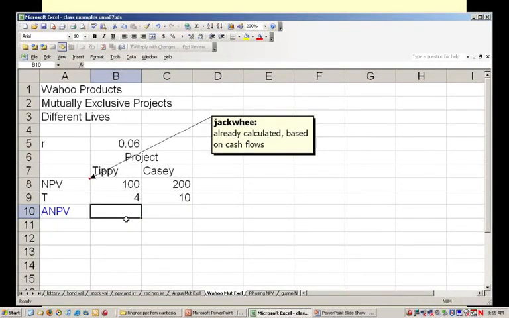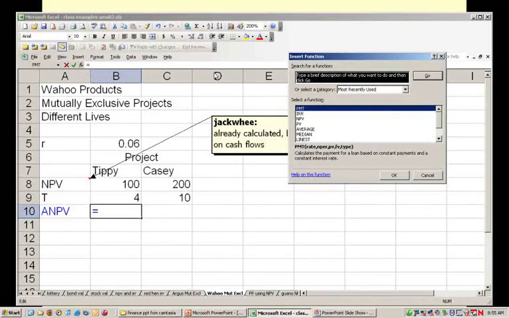To calculate an ANPV, we're going to use the third important financial function in Excel. So let's go up to the function wizard, and the function we're interested in is PMT, which, as you can see, says it calculates the payment for a loan based on constant payments and a constant interest rate.